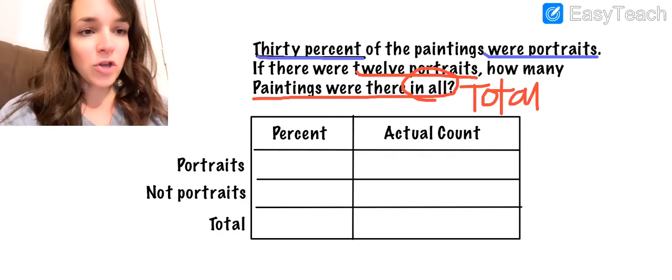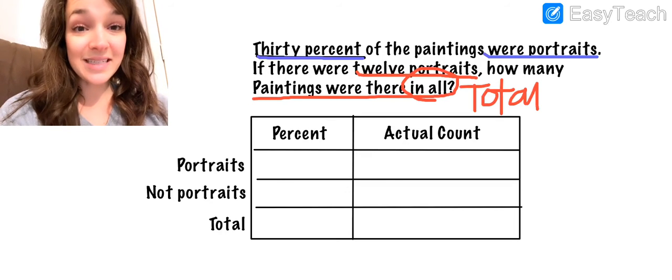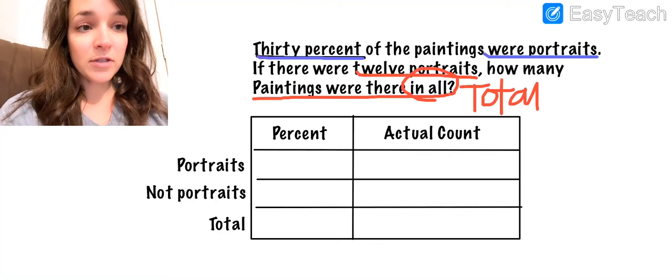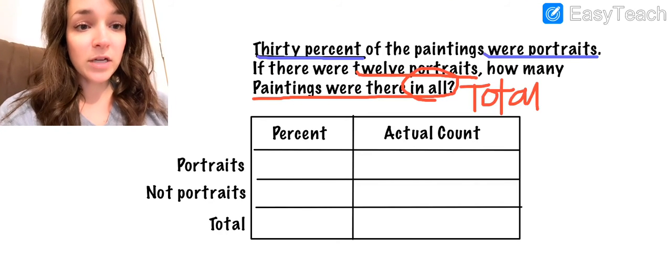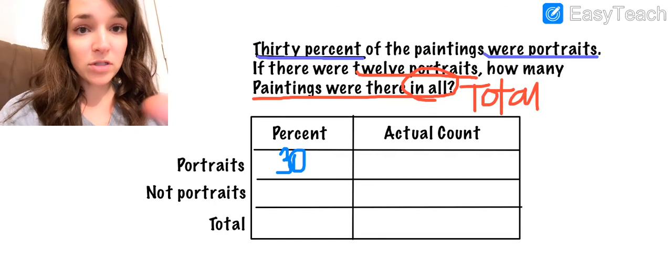Okay, so 30% of the paintings were portraits. So that's a percent, so that's going to go in our percent column. When we're dealing with percent proportions, we've always got a percent and an actual, okay? So in the percent column, we know 30% of the paintings were portraits. So my 30 can go right here, with portraits and percent.